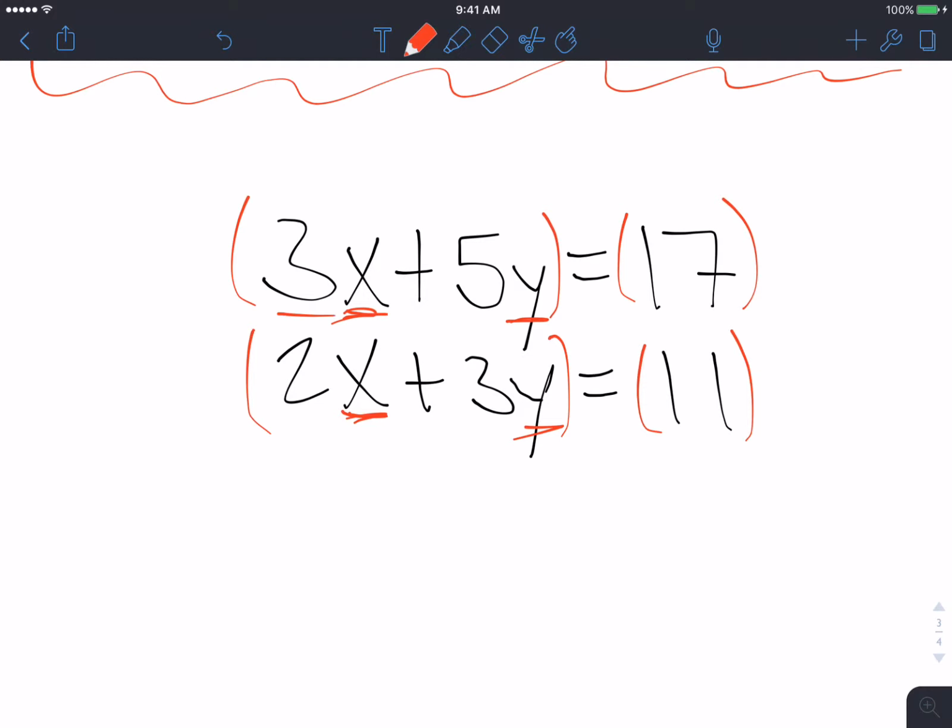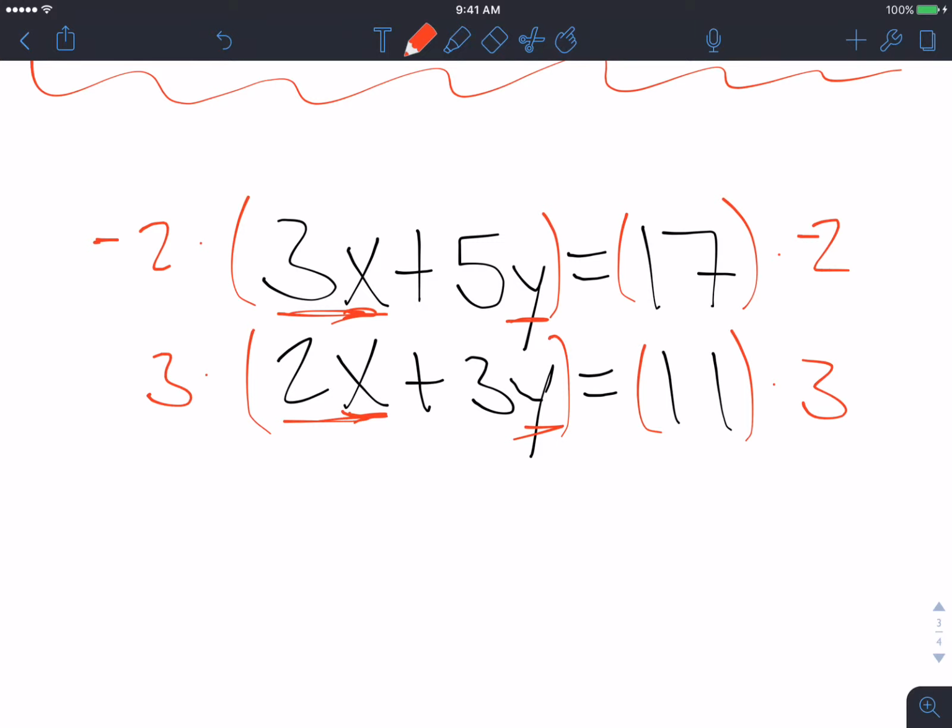So, since we're working with these numbers here, I'm going to multiply the top one by 2, the bottom one by 3. But here's the trick. Remember that one of them needs to be negative in order for them to cancel. So, I'm going to go ahead and just make the 2 negative.